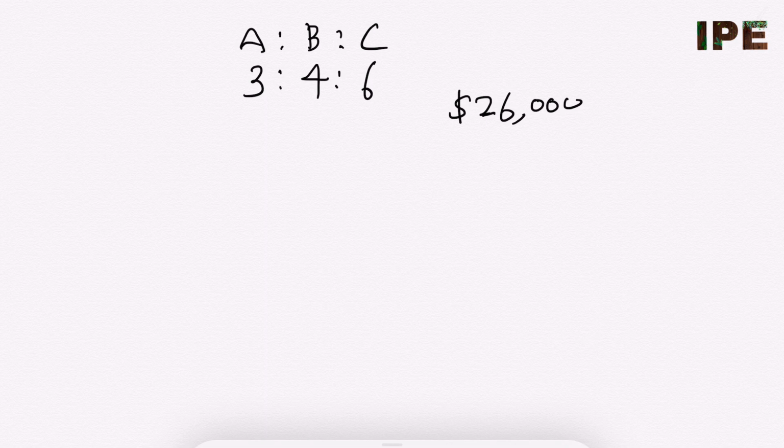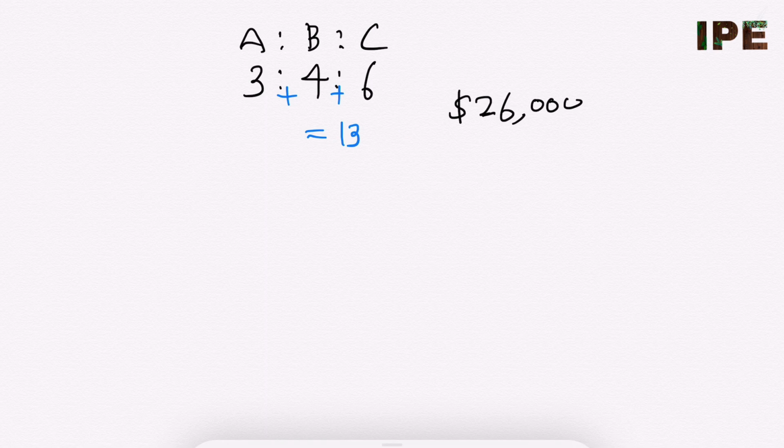A invested 3 out of 13. B invested 4 out of 13. C invested 6 out of 13. Why 13? Because that's the sum of all these numbers. And the question asks you, how much can investor A get from the $26,000 profit?